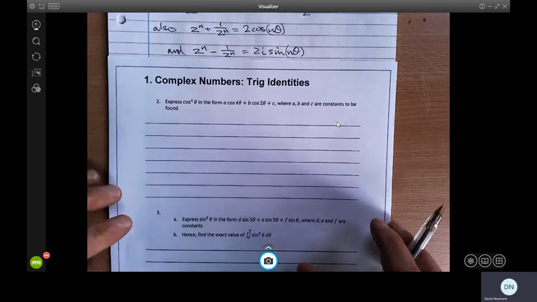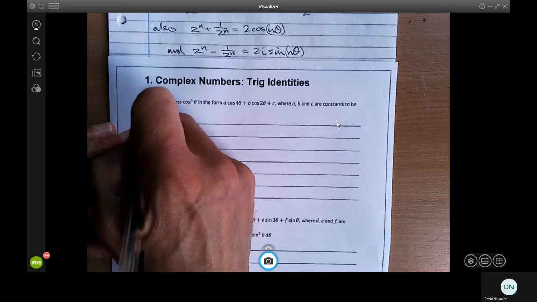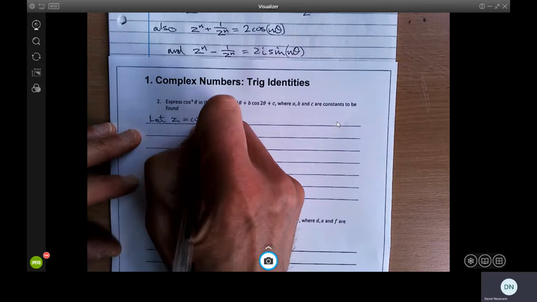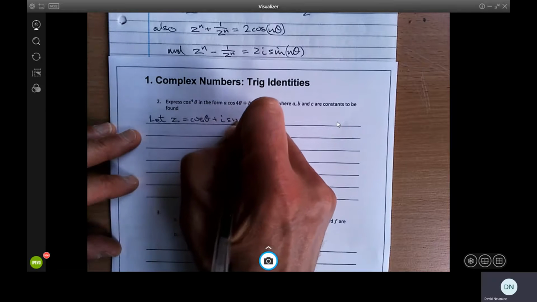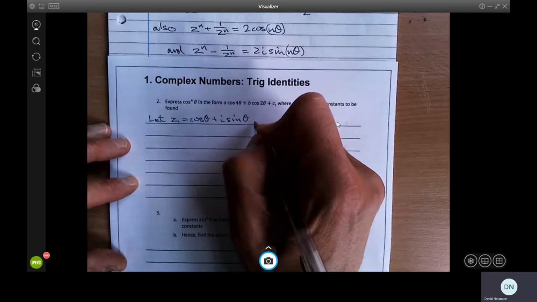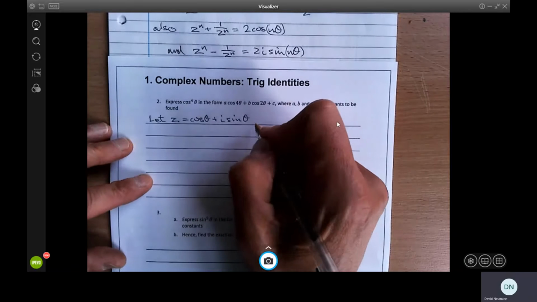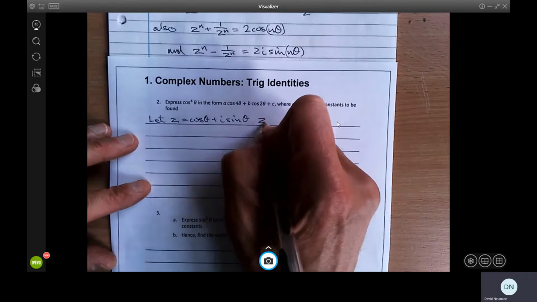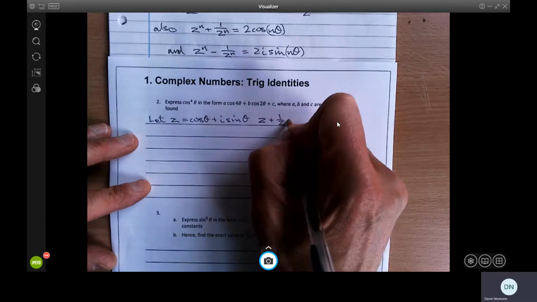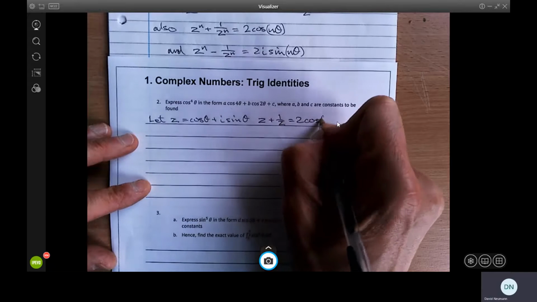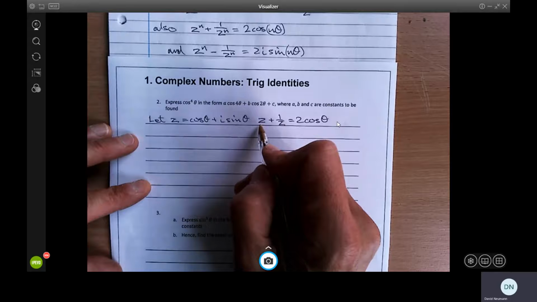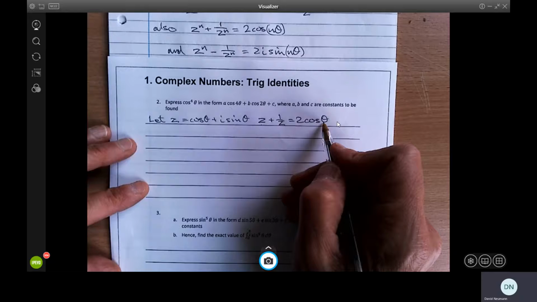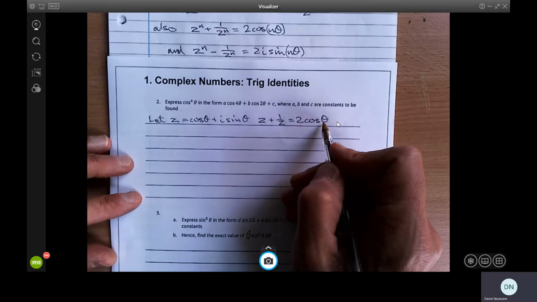So what we're going to do here is we're going to say let Z equal cos theta plus i sine theta, and then we're going to say that Z plus 1 over Z is equal to 2 cos theta, which we've just seen. If you're doing this in the exam, you can just write this down. You don't need to justify it unless you're explicitly told to.